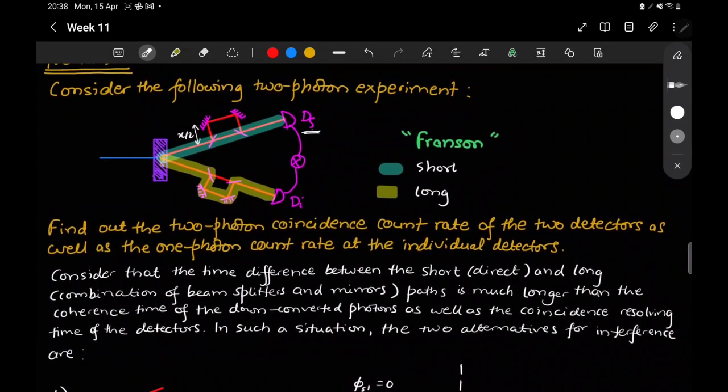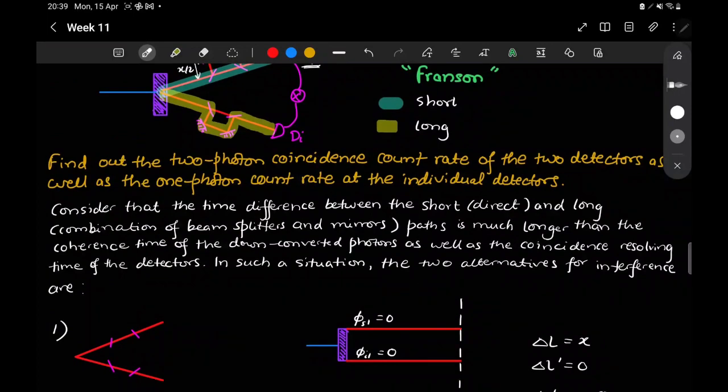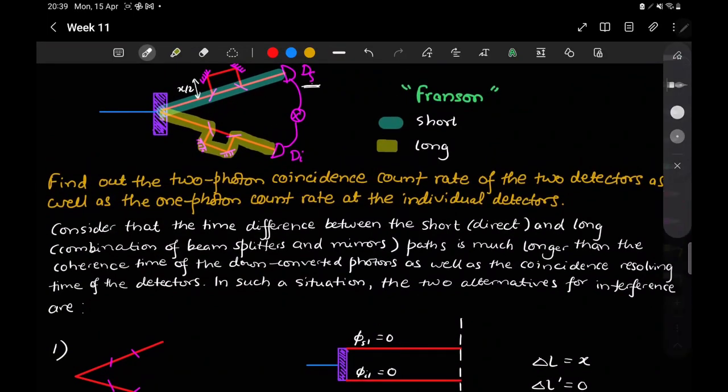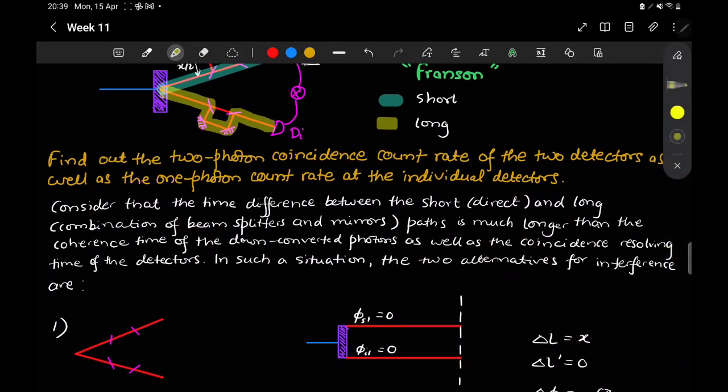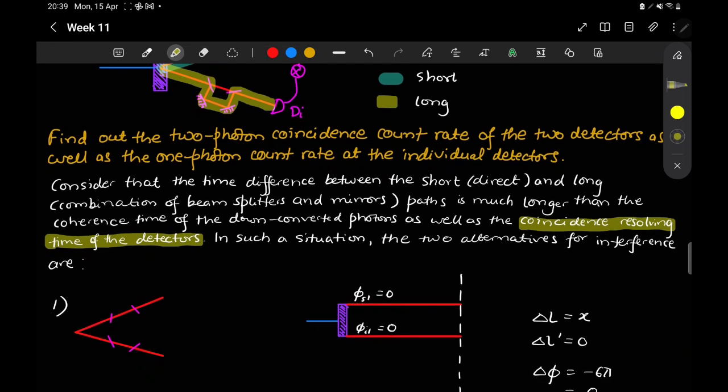Now we can relax one of these conditions that we started off with initially. That the difference between these short and long paths is much longer than the coincidence resolving time of the detectors. We can relax this condition.